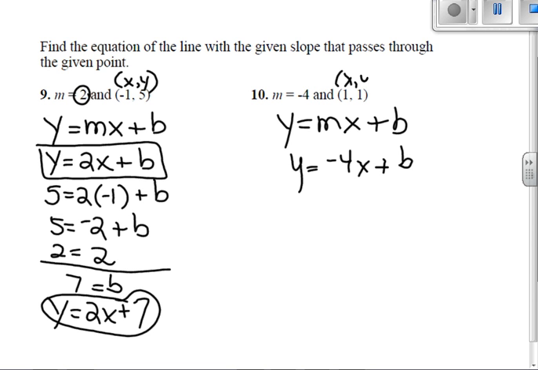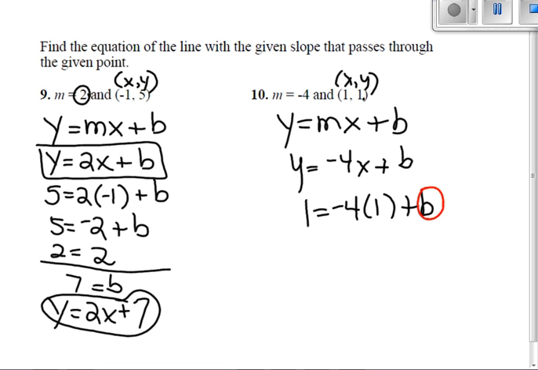Guess what, x and y are the same. So what am I going to put in here? What's y equal to? 1. Equals negative 4 times 1 plus b. Now what? Keaton, what am I going to do next? I want to solve for b, remember?